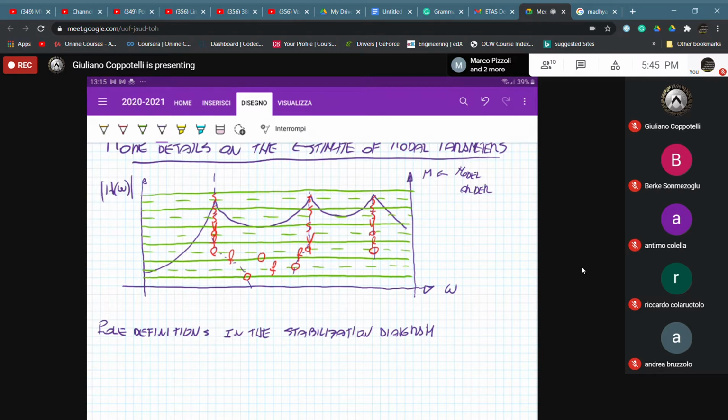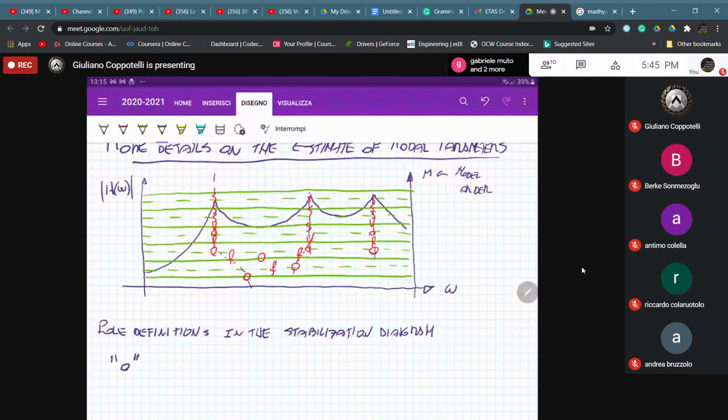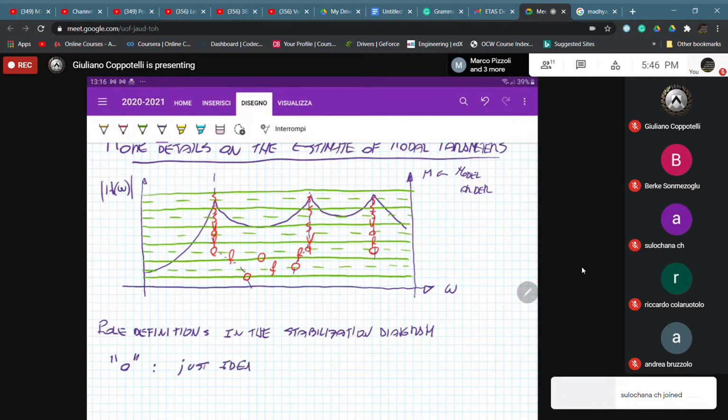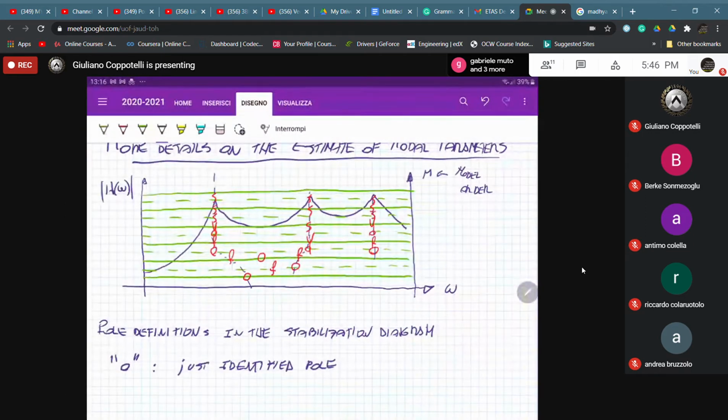So when we are referring to the O, that is that circle that we have in that plot, we are just referring to a just identified pole. And that comes from the numerical methods that we are considering.